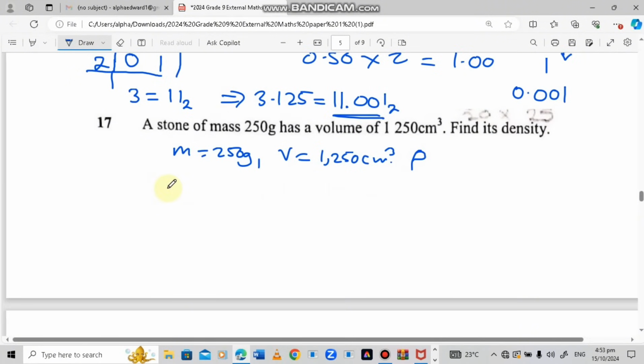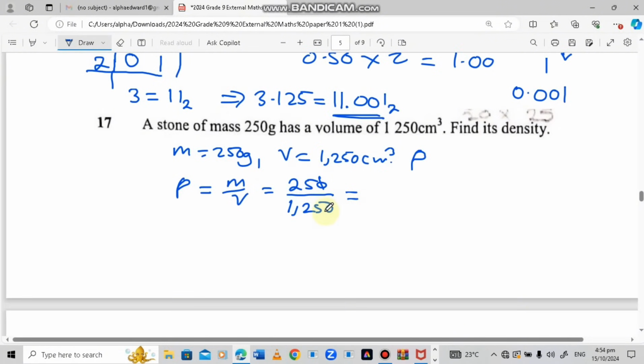To find the density, we're going to use the formula density, which is rho, a Greek symbol for density, is equal to mass over volume. So the mass is 250 over the volume, which is 1250 cubic centimeters.